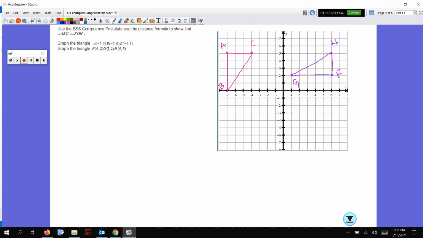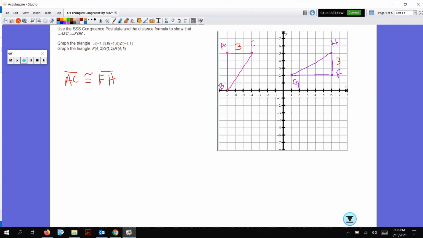All right, so let's see what we have. Remember, with horizontal and vertical lines, you can go ahead and just count the units, okay? So if we start with AC, it is 1, 2, 3, right? And FH or HF is 1, 2, 3, that's also 3. So AC is congruent to FH. Okay, and then we can do the other line here.